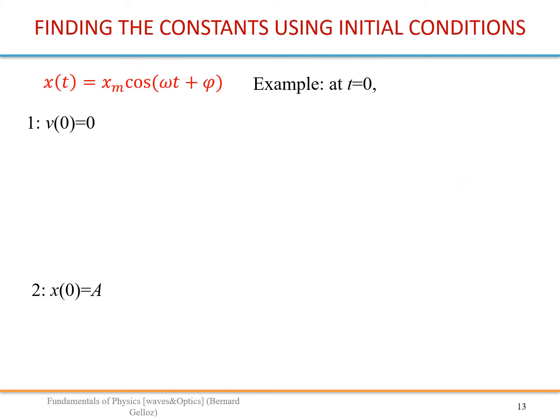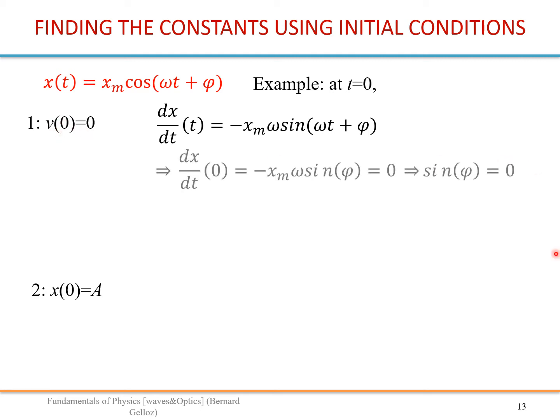All right, so now let's find our constants in this equation. So we need to find xm and phi. So we take the example that at t equals 0, the speed is 0 and the position is a. Let's start with this first condition. We need the speed, so we need to take the derivative of x given by this, and then we say v of 0 equals 0.